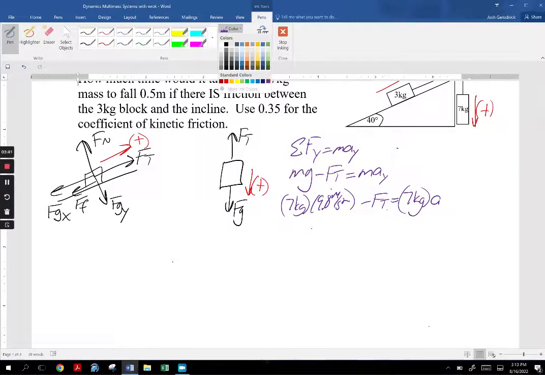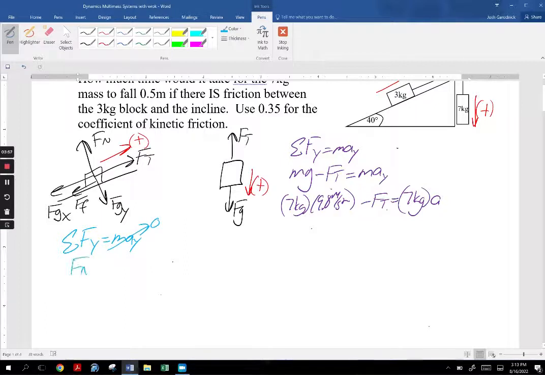All right. For this one, it's getting pretty far in the year by now, and some of you may know already that if I sum the forces in the y that cause this mass to accelerate in the y-axis for the inclined mass, there is no acceleration.